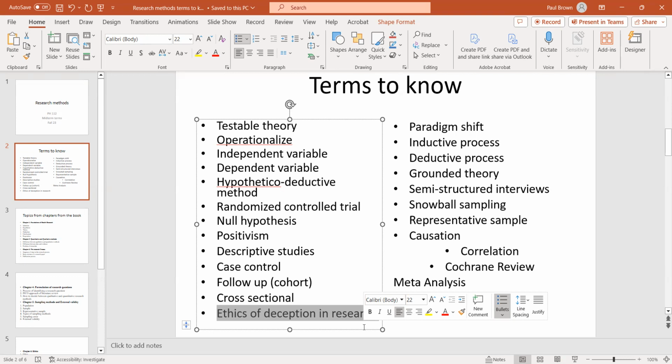Like, I think I told you about when I was involved in research with kids putting on beads, and I told them they won or lost. That was deception. So sometimes, deception in research is not necessarily something you can't do, but you can only do it in very specific circumstances.